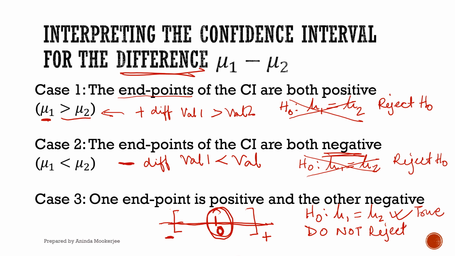The results of the confidence interval and the results of the hypothesis test must be in sync. So if you are seeing that your confidence interval has the same signs at both ends, but you haven't rejected your null hypothesis, go back and check your results either on the hypothesis test or on the confidence interval, because they must agree, they must be in sync.